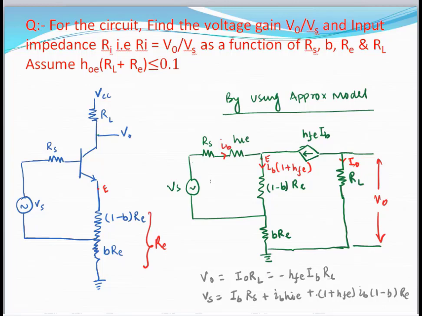If we divide V naught by Vs, we will get the value of voltage gain. So let's proceed further.